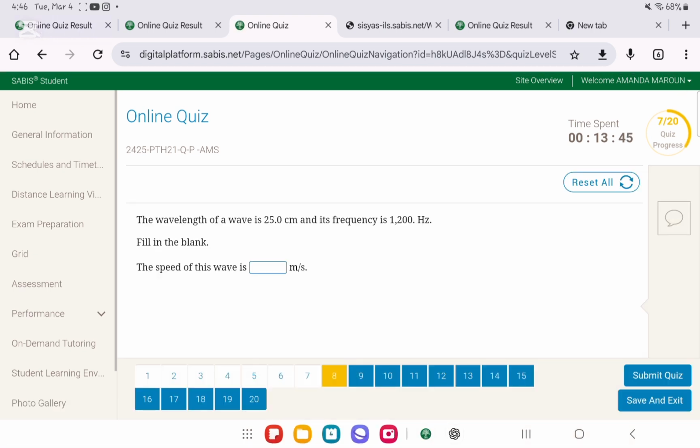They need us to calculate the speed of a wave. We are given the wavelength and the frequency. What you need to know, the equation is that speed is equal to the wavelength, denoted by lambda, times the frequency, denoted by f.